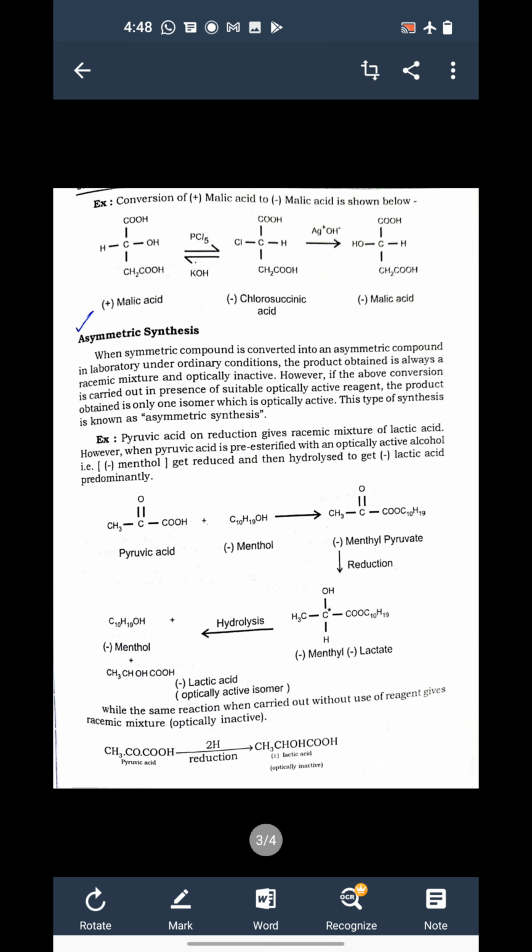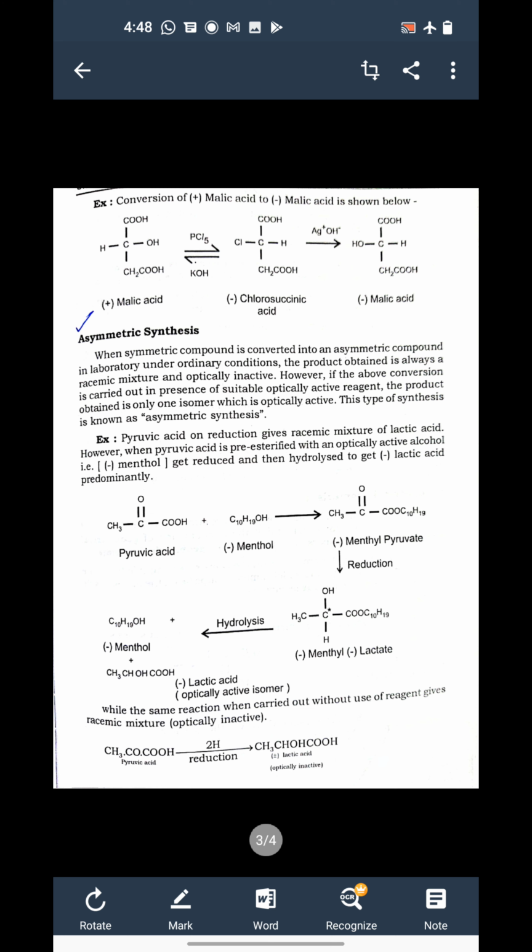Here that COOH group is locked, and then reduction is carried out, and after reduction we get minus menthyl minus lactate. Again hydrolysis takes place, and we get back the COOH, and menthol is removed there. So we get minus lactic acid here as a product.